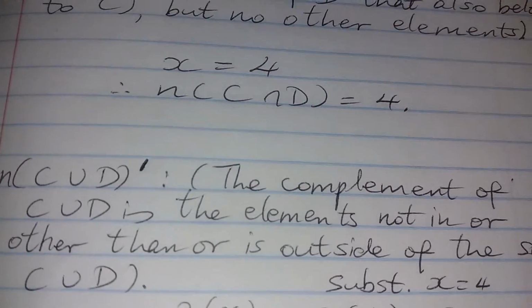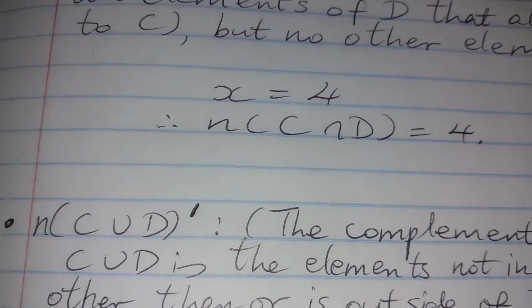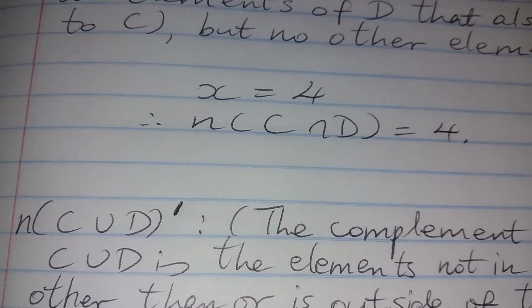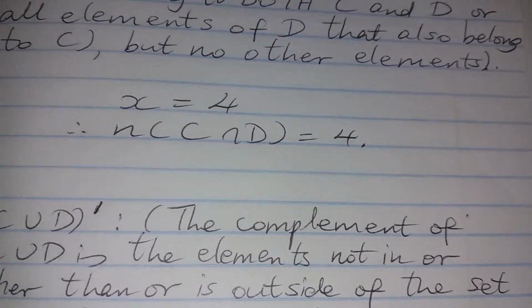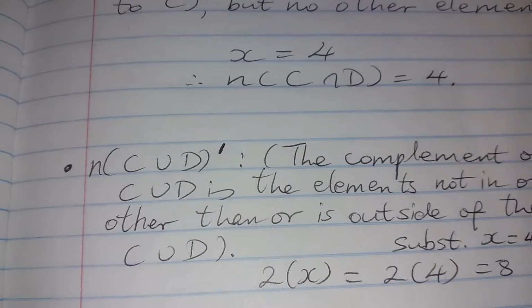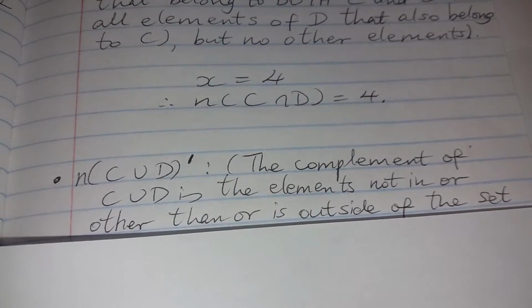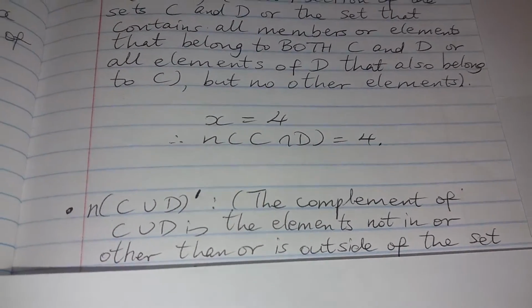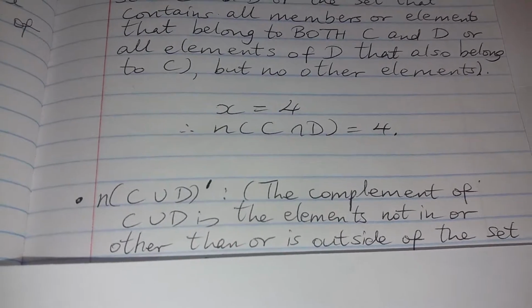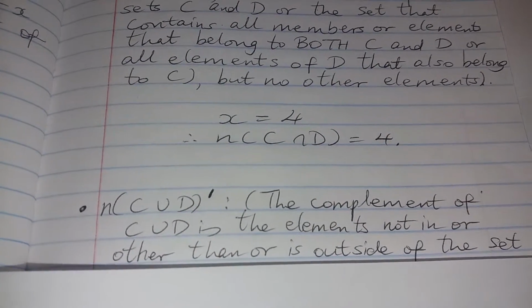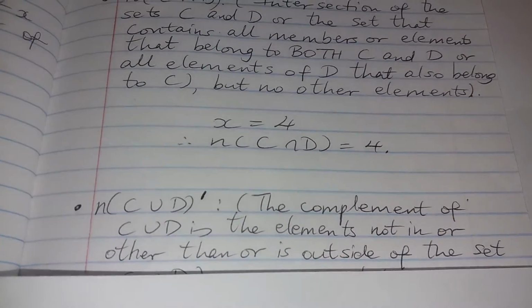So we're really finding out the number of students in the complement of C union D, where the complement of C union D are the elements that are not in C and D, or they could be, right?